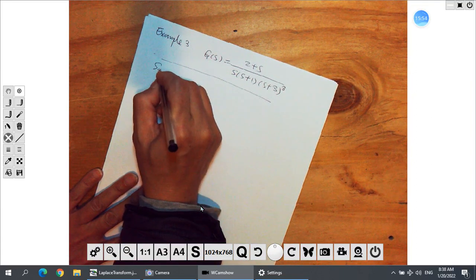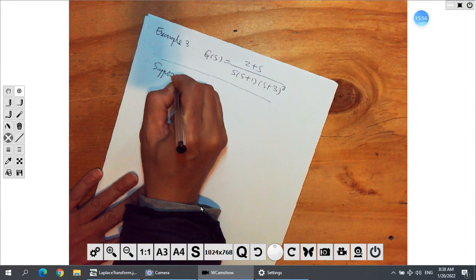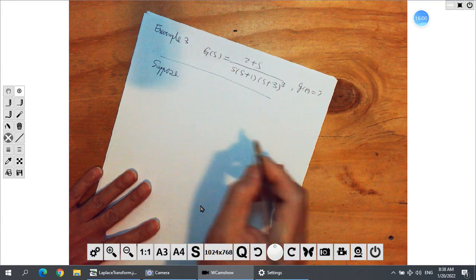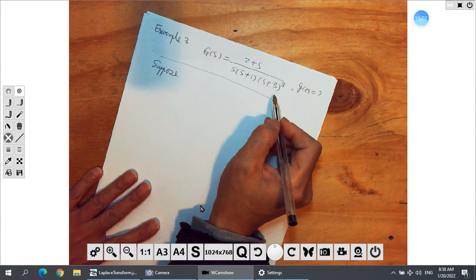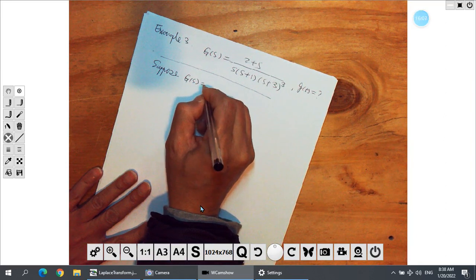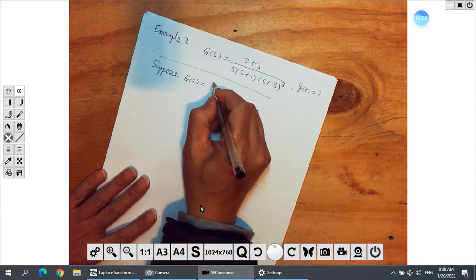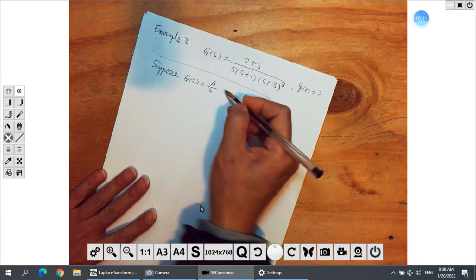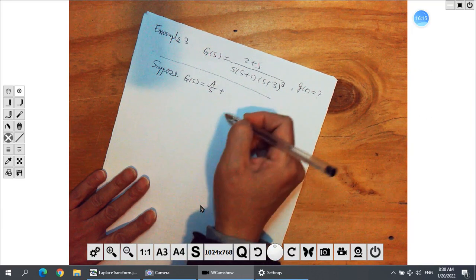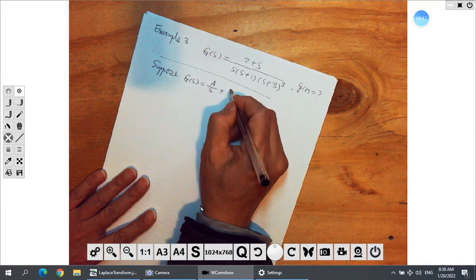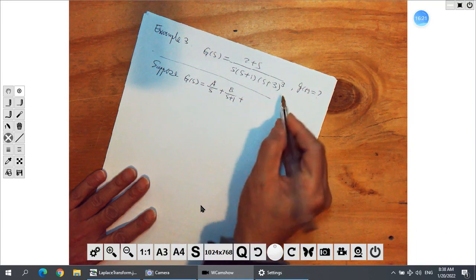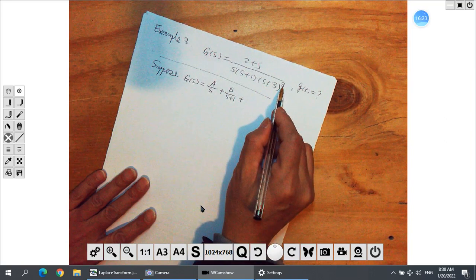Suppose we want to find g(t), right? Suppose G(s) is made of some simple fractions with unknown parameters: A over s, B over s plus 1, and here s plus 3 with power 3.